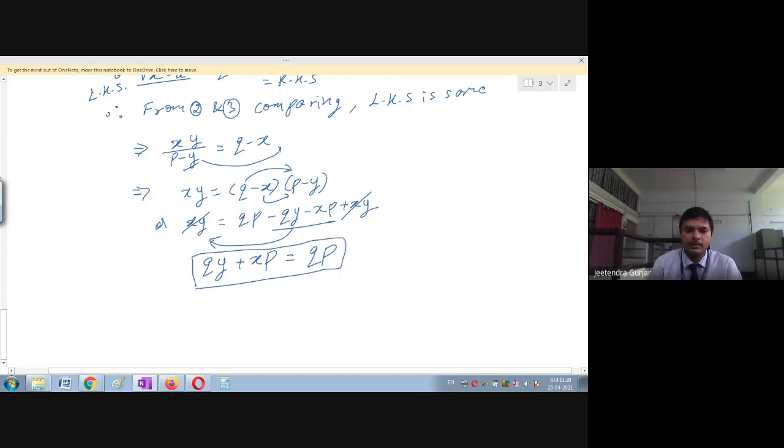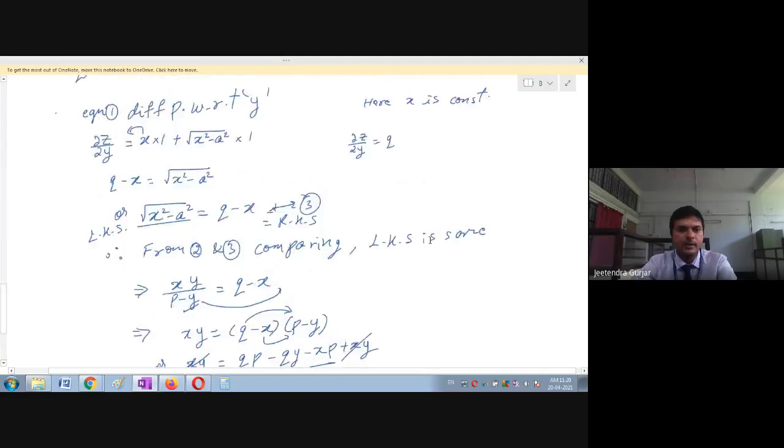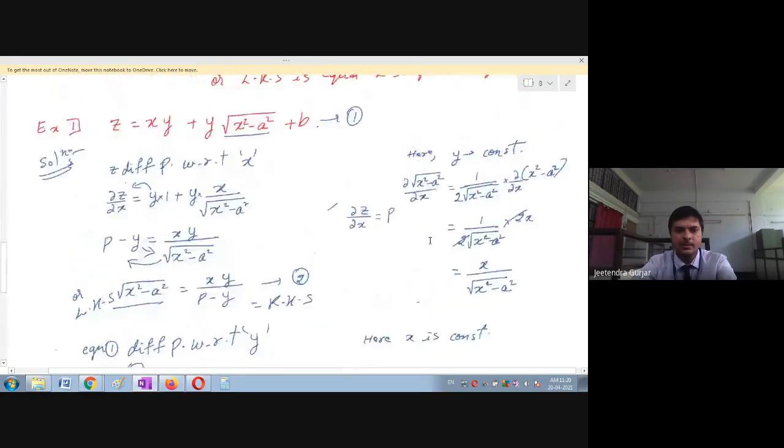The remaining terms you can see very easily, students. Here we have eliminated a and b. So I'll just repeat this. Very important, students. Definitely such examples will come in the examination, in your internal OBA as well as the SWA exam. You can see z is equal to xy plus y square root of x square minus a square plus b is given.